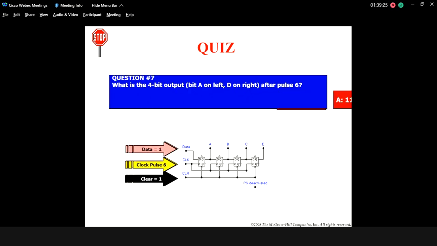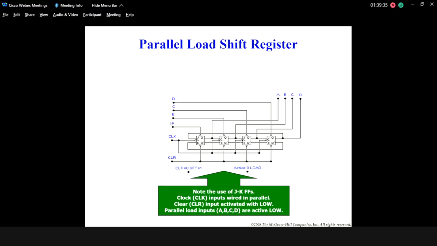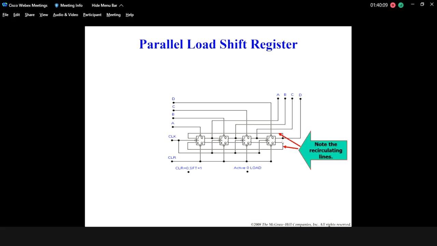What else do we see? This one is a parallel load shift register. For parallel load, the input is given at the preset pin, and then JK is wired from the Q, looping, and the clock remains connected as usual in parallel, and clear also in parallel. This is the circulating line I mentioned just now.